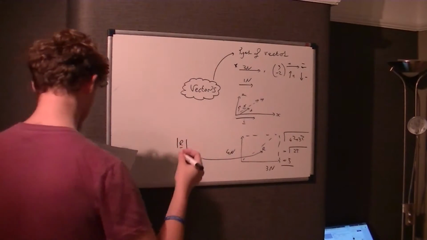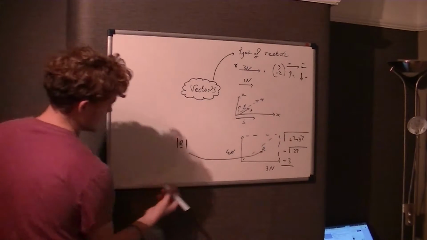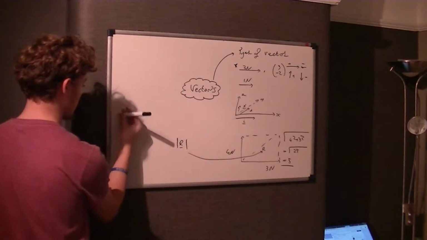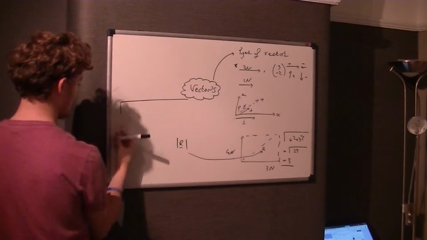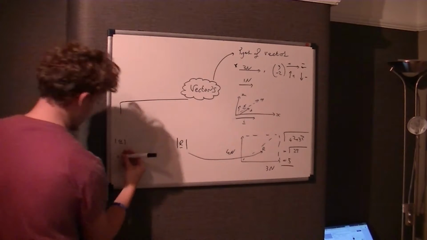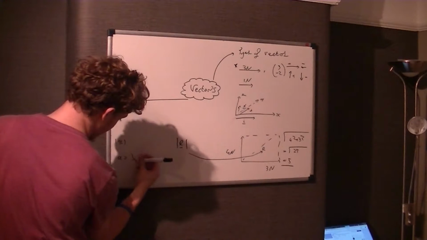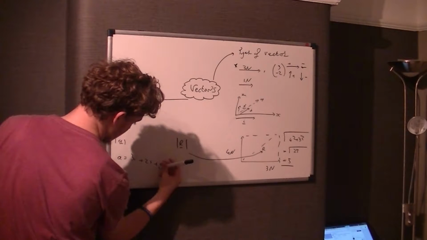So anyway, we're going back to the math stuff. That's how we worked it out in 2D. The theory for the 3D one is exactly the same. You just take the square root of, say you wanted to find the length of A, and the vector A was equal to 3i plus 2j plus 6k.